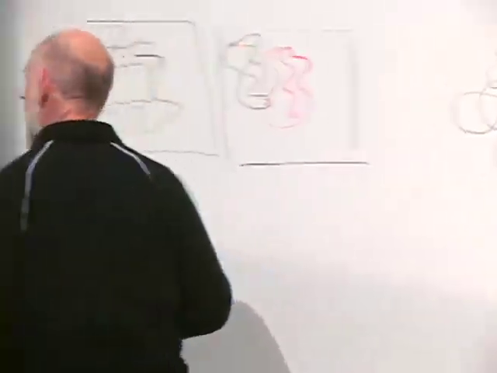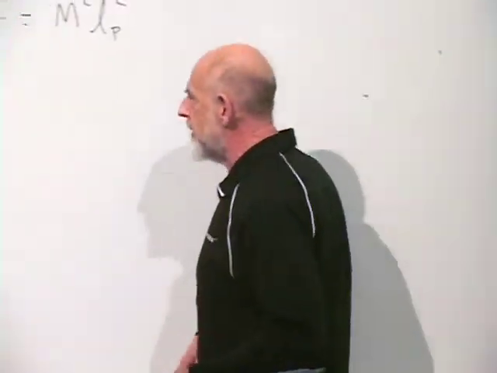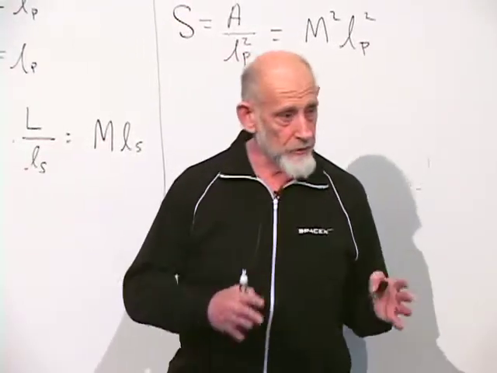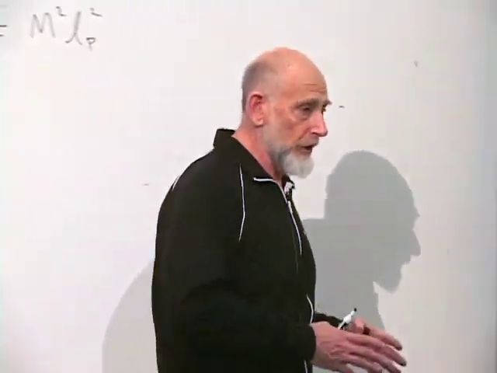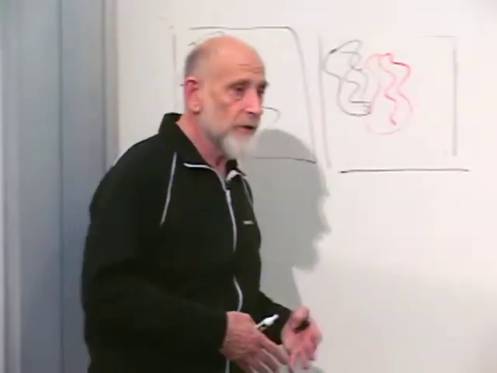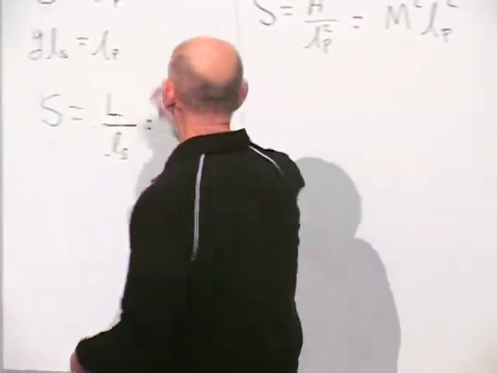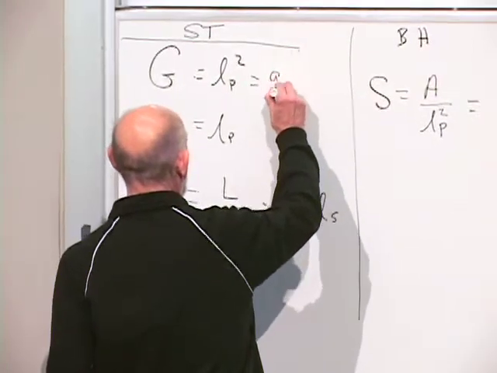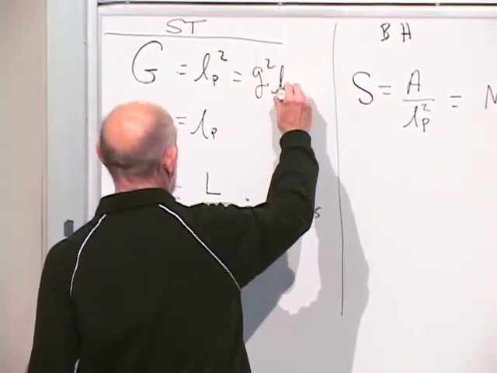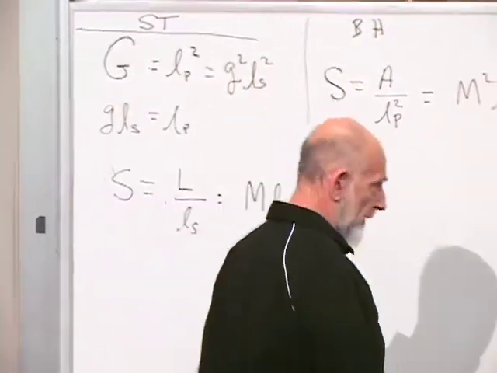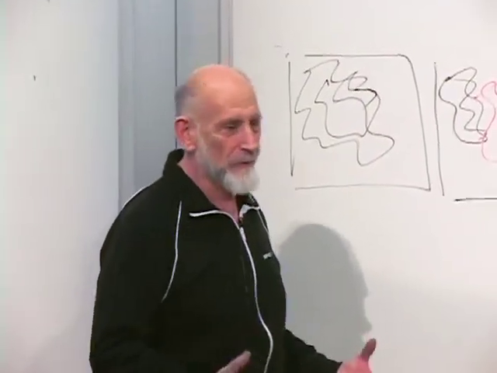Now you imagine starting to increase little g. Gravity starts turning on. We're keeping L string fixed. You always ask, what is he keeping fixed?